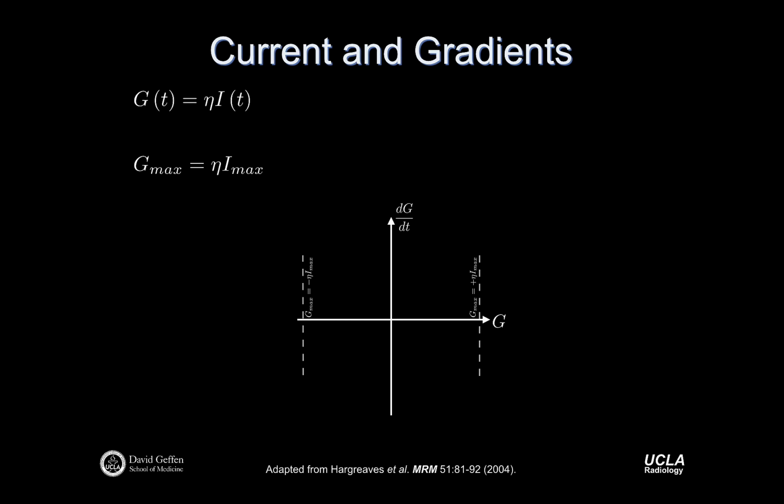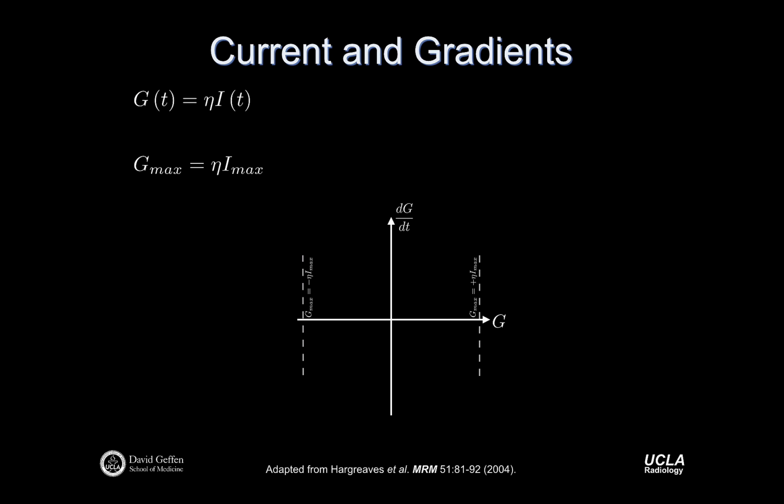So what's the point? Well, when we're designing systems and talking about the operational specifications for the system, we think oftentimes in terms of the gradient amplitude and the gradient slew rate. So when we're commanding the gradients to do something, there's somewhere in the space of gradient amplitude and gradient slew rate. We can't have infinite amplitudes, we can't have infinite slew rates, so there's some pocket in this space that's relevant to us.